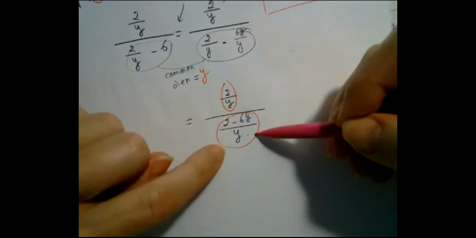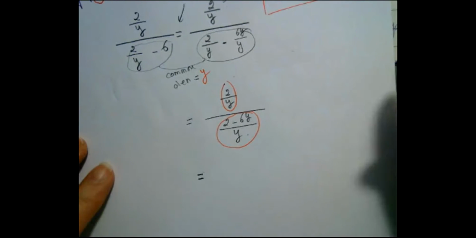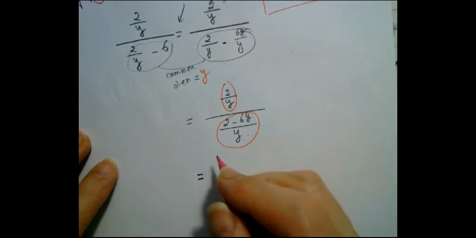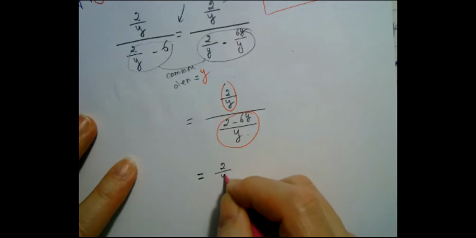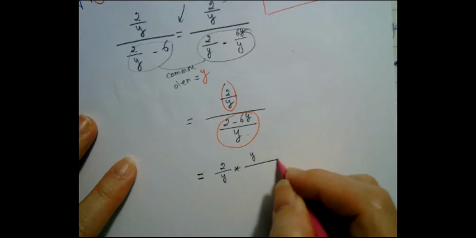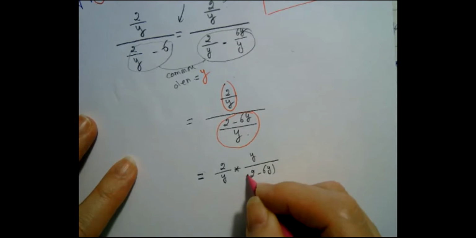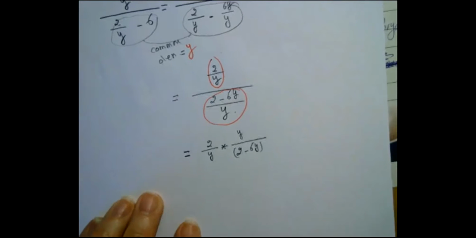If you have a fraction divided by another, how do we manipulate this algebraically? Multiply by the reciprocal. Which is, what is it? It's 2 over y, times y over 2 minus xy. Absolutely correct. Okay, that's the benefit.